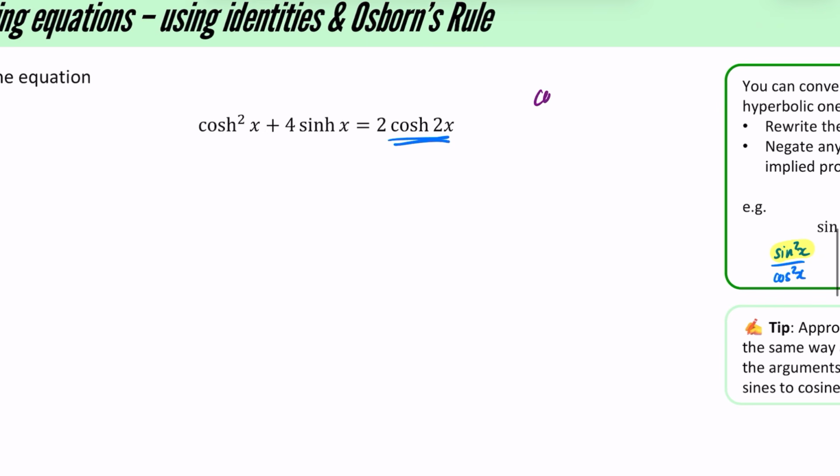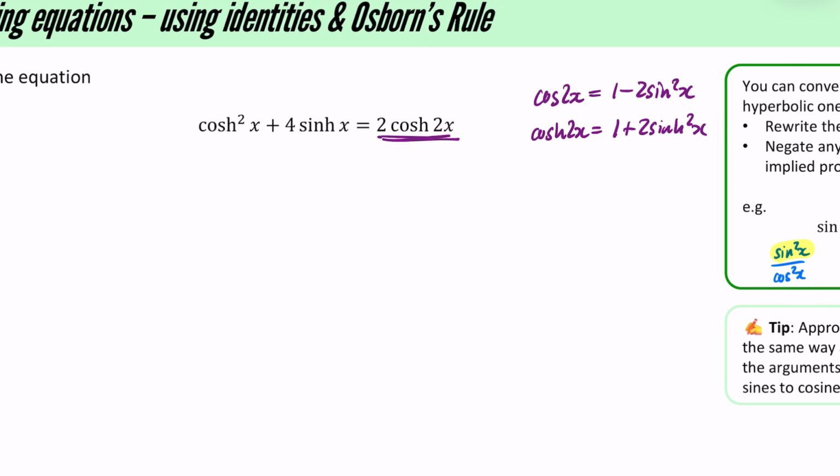Now we know that normally cos 2x is equal to 1 minus 2 sine squared x. So using Osborn's rule, cosh 2x will be 1 plus 2 sinh squared x. That is going to help us deal with this part. Then this will give me this in terms of sine squared, and this will be in terms of sine.